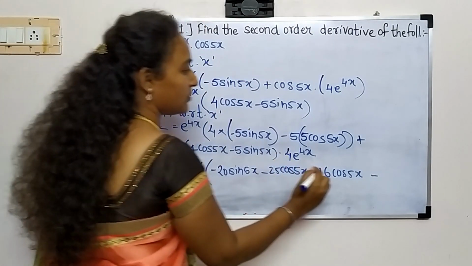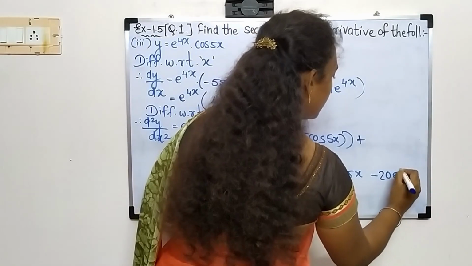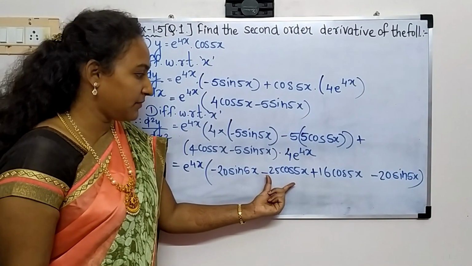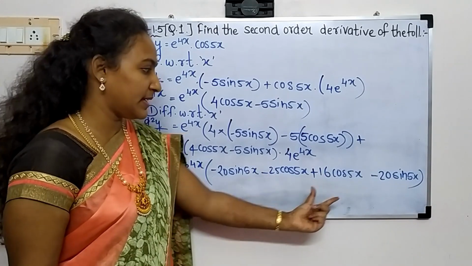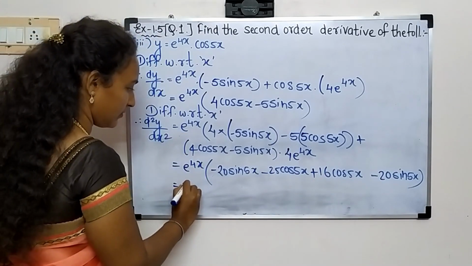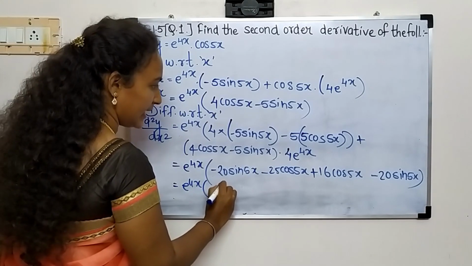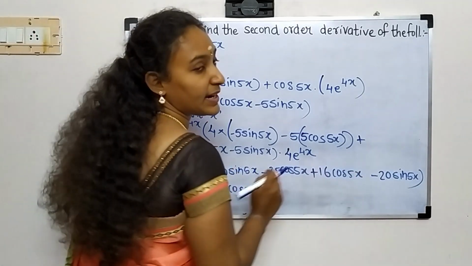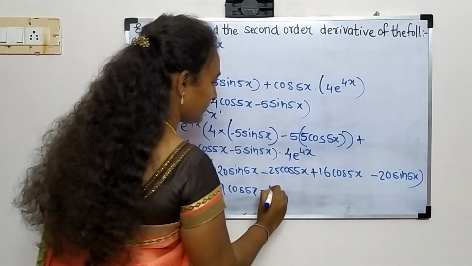And minus 5 4s are 20 sine 5x. Okay. Now simplify minus 25 with plus 16, that is minus 9 cos 5x. And this minus 20 and minus 20 becomes minus 40.